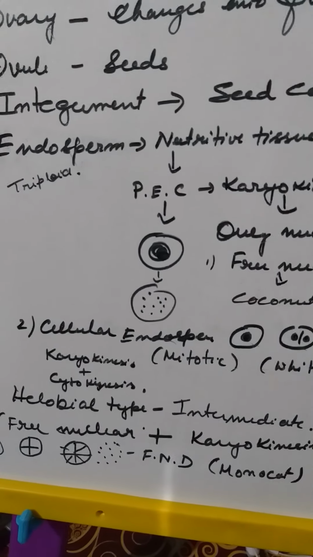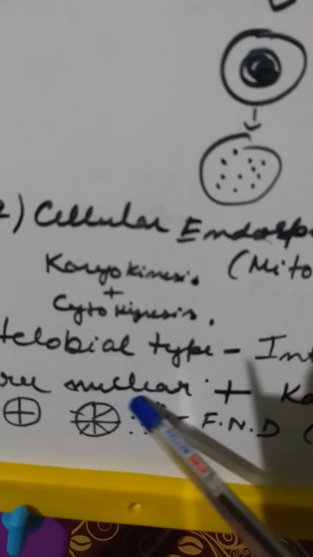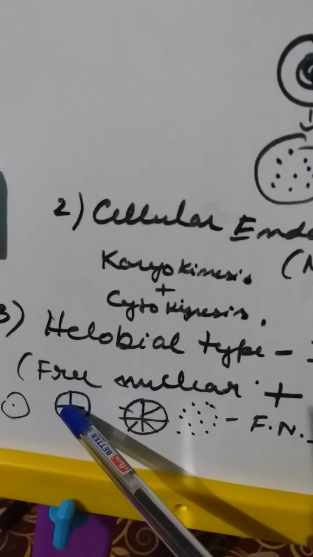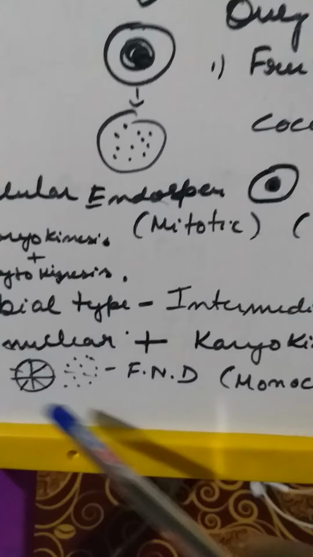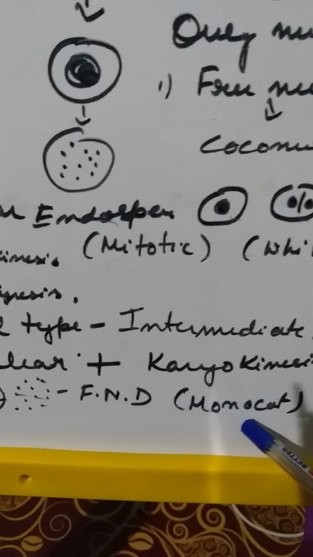So this is known as cellular endosperm, and you find it in the white edible part of the coconut. Another one is the helobial type, an intermediate type between the free nuclear and the cellular type. Free nuclear is basically found in the monocot.